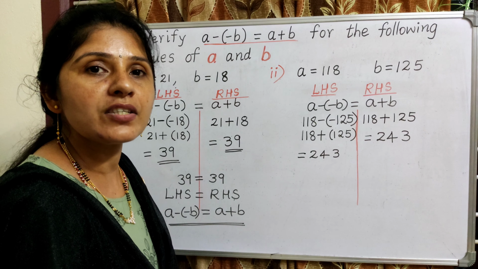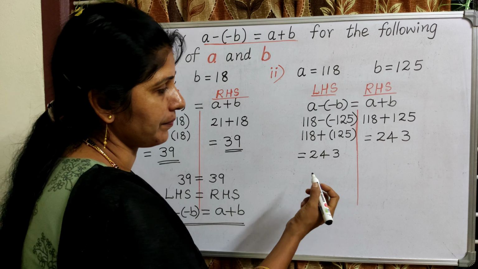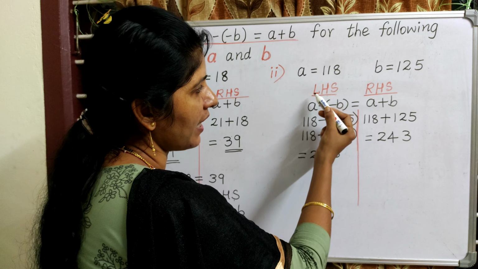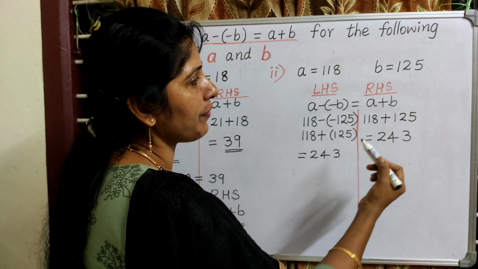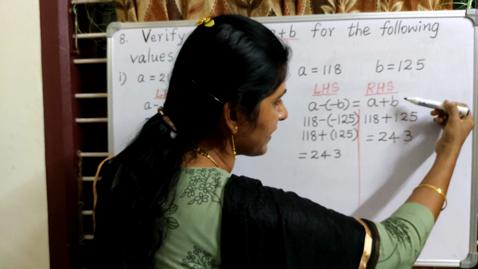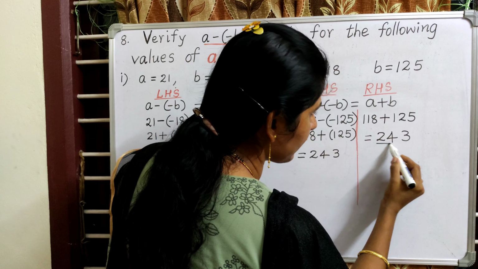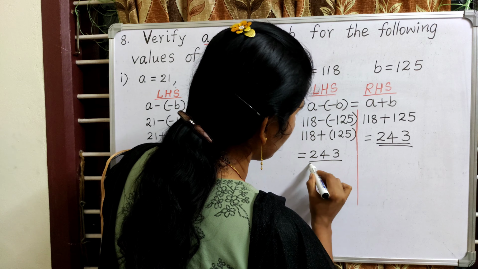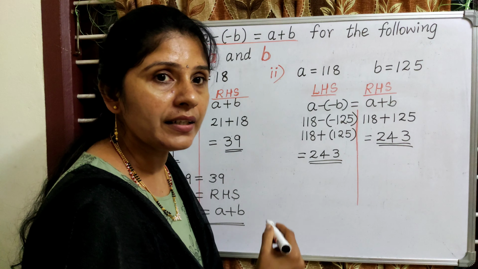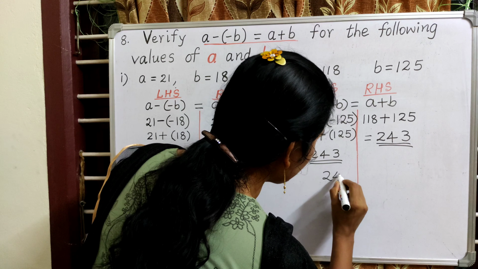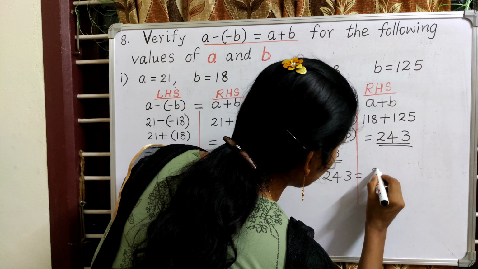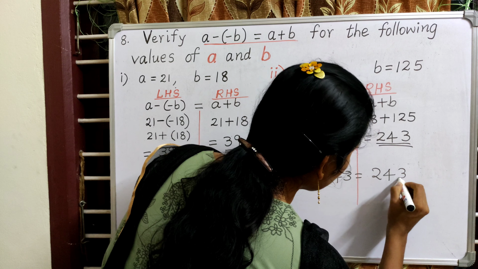Observe the answers of both the sides. The final answer of left hand side is 243. The final answer of right hand side is also 243. Both the sides answers are equal to each other. 243 is equal to 243.